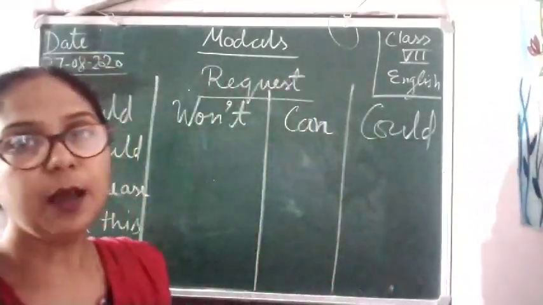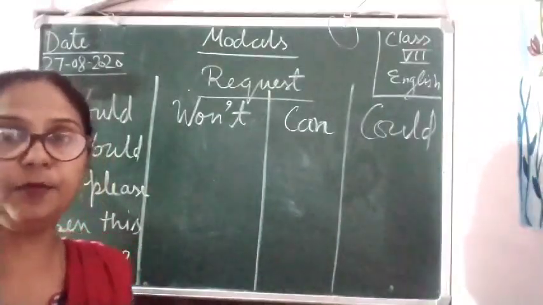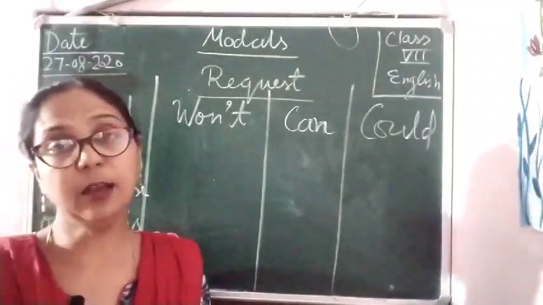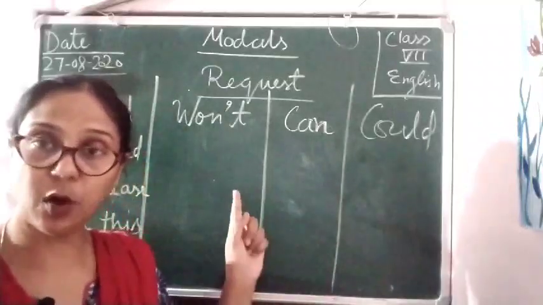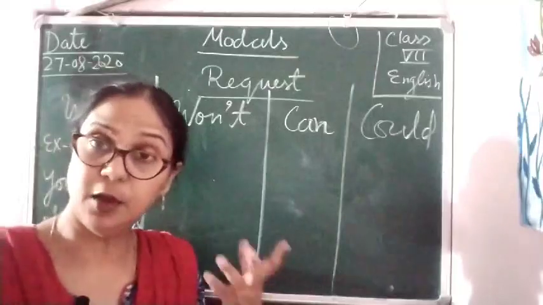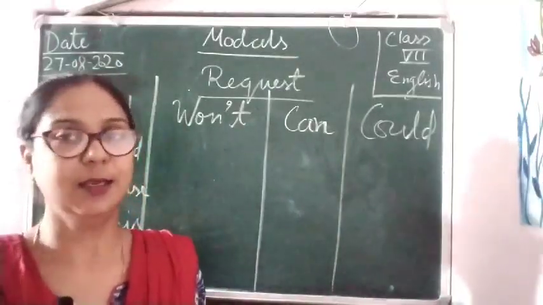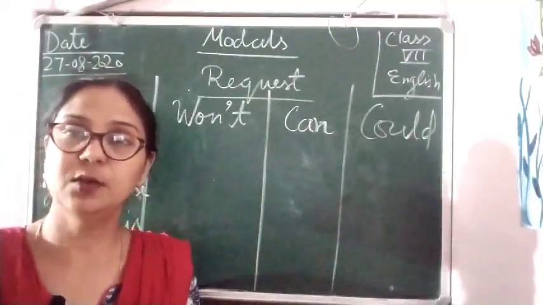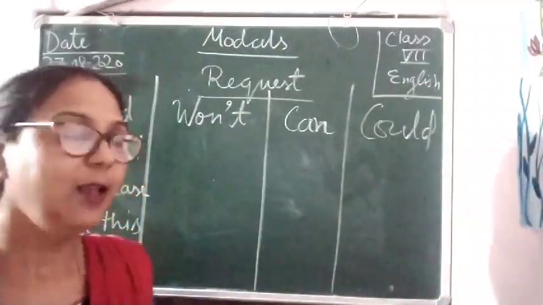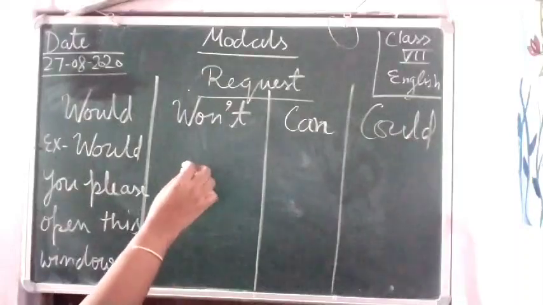Now we are moving to want. Want is a modal with the help of which we can request. So how are we going to request with this modal? Want you able to give me this reward or this work? So this want will be used for asking or requesting for something. So want is used to make a request.